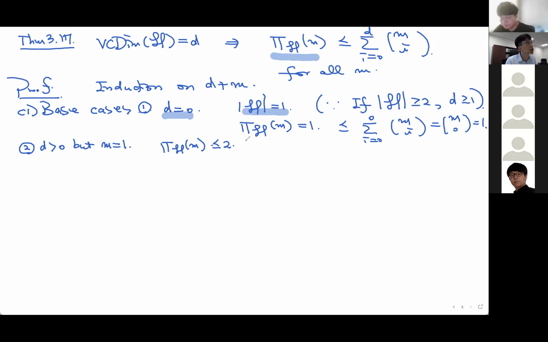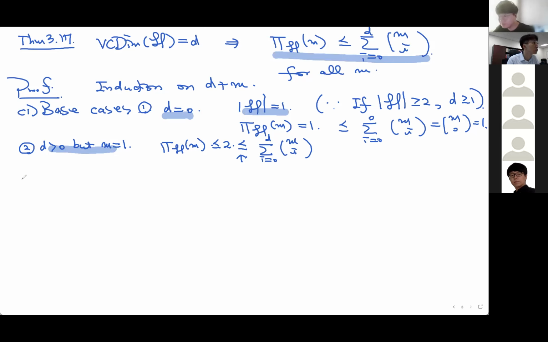But what we do know is, because d is greater than 0, the sum from i equal 0 to d of m choose i, with m at least 1 and d also at least 1, is at least 2. This inequality is true because of this assumption. So that also shows the inequality we want to prove is true here. So the two base cases are okay.